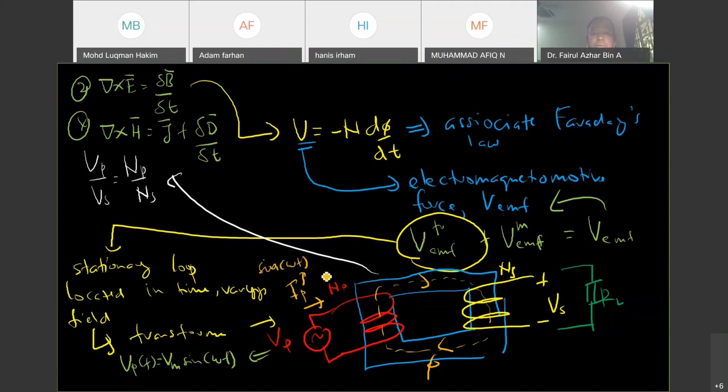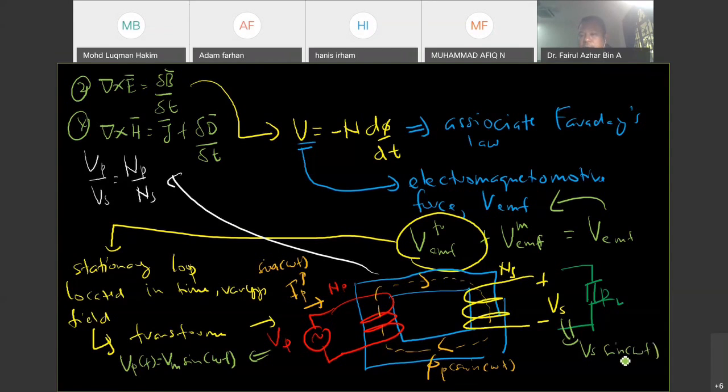Because we have a time varying field here, whenever it comes across to the secondary winding, VS is also in terms of a sine function as well.